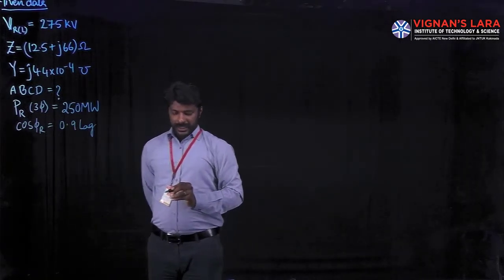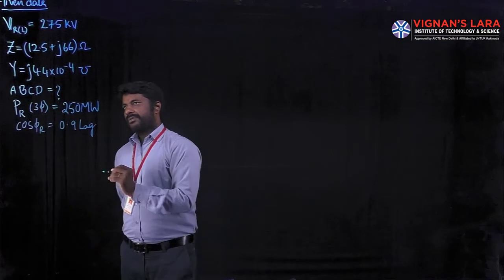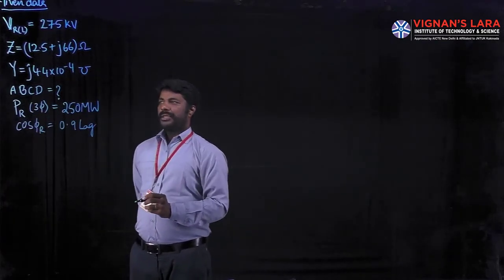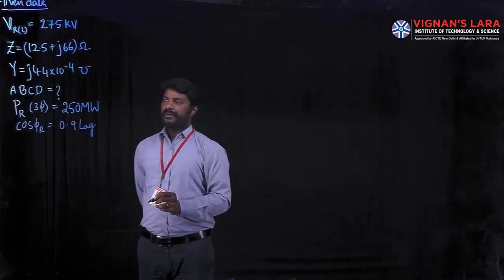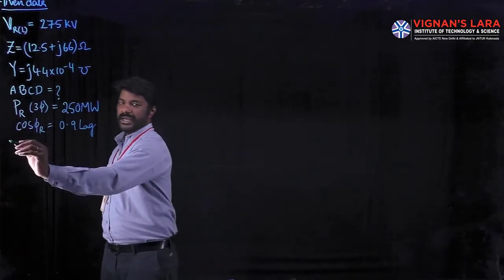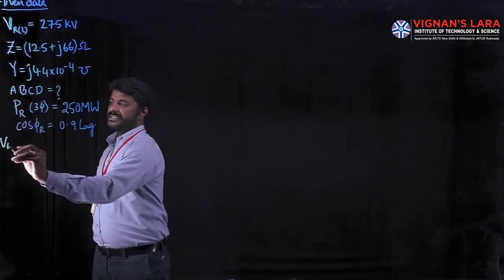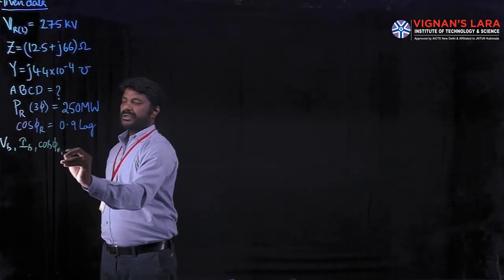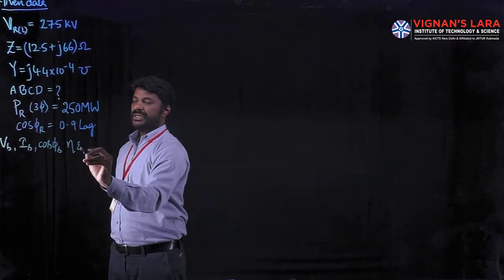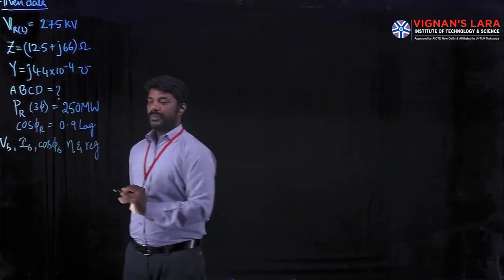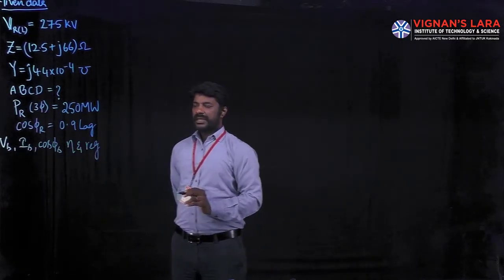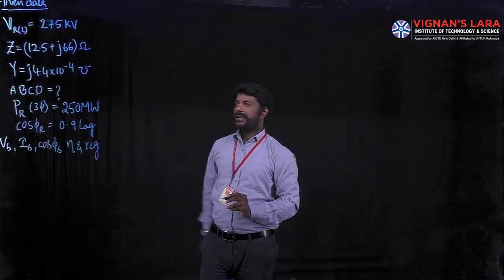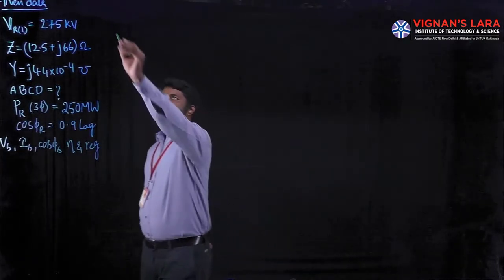Okay, and for these two quantities given, after finding out this ABCD, we have to estimate the values that are available on the sending end side, called sending end voltage Vs, sending end current Is, power factor on the sending end side cos phi s, efficiency and regulation. All these 5 parameters are to be calculated using the entire data. Okay, so this is our given data.